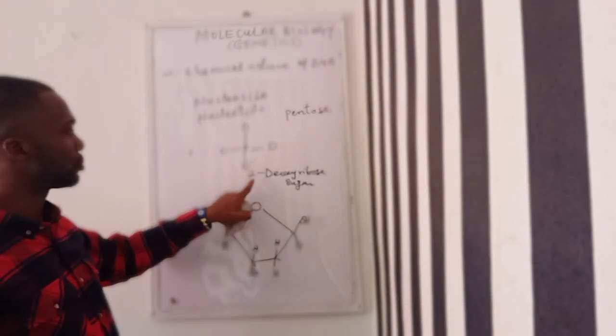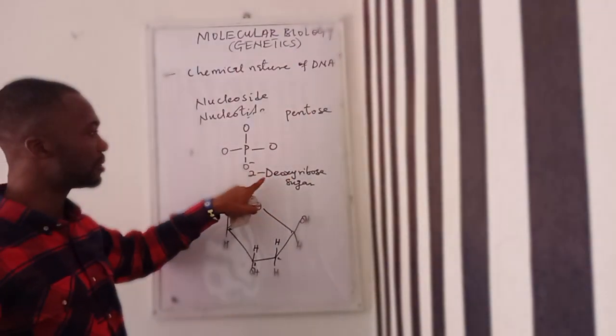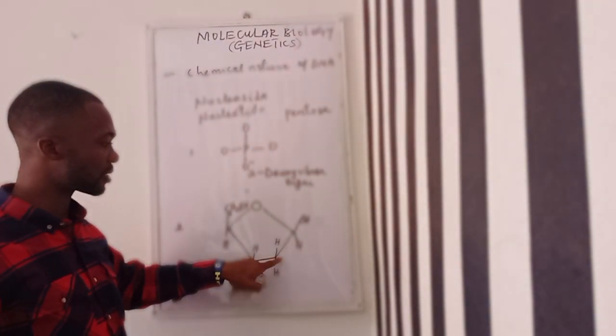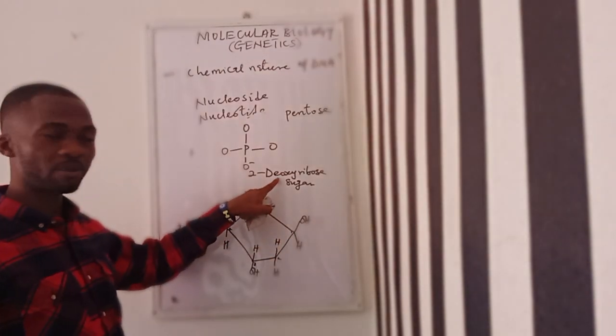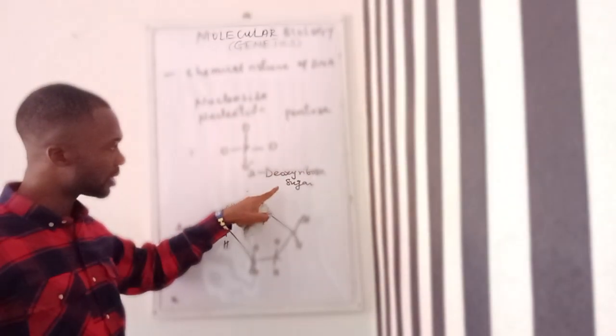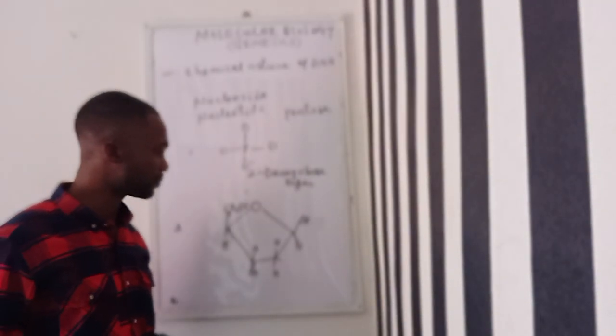Look at 2-deoxy. This is oxygen. That means that at the second carbon atom, this is the first carbon atom, this is the second carbon atom, there's an elimination of the oxygen atom. That's the meaning of 2-deoxy.